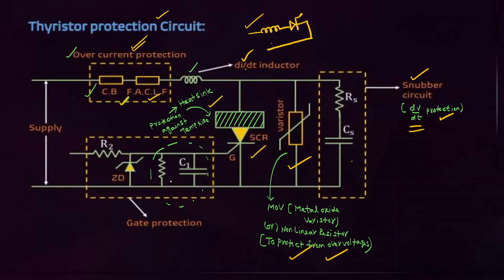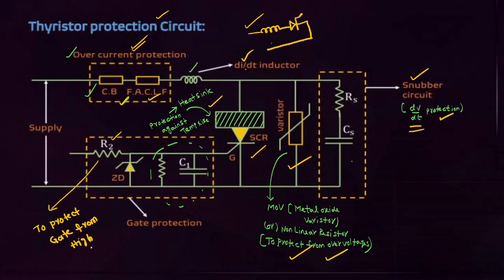The point you have to remember, students, is that the SCR gate is a very sensitive element. A separate protection scheme is employed for the gate element. Additionally, extra elements are added in the gate circuit. R2 is used to limit high currents, that is, to protect the gate from high currents.